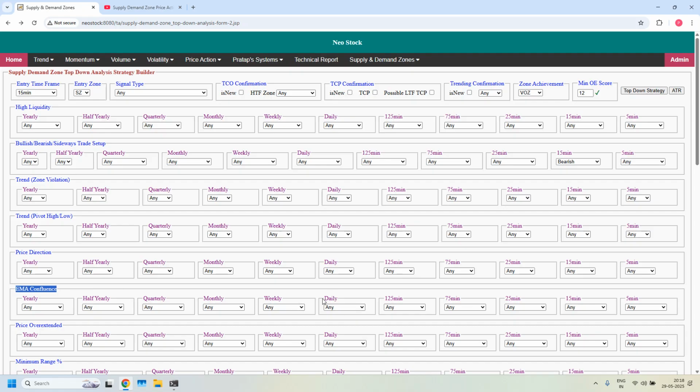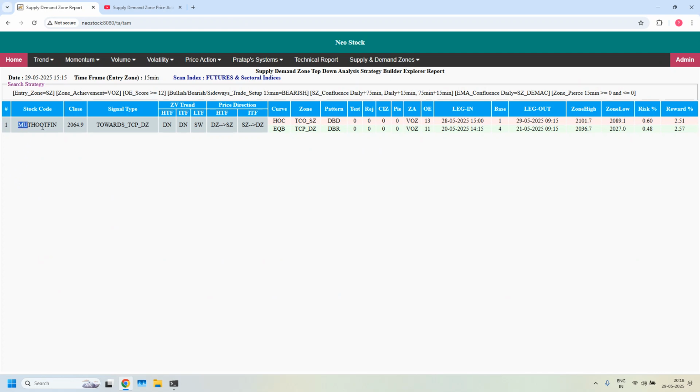We will verify. Anyway, trend is downtrend. Daily supply zone with daily EMA confluence. Now the stock is filtered. That means this 15-minute supply zone has a higher probability to succeed. This is about bearish trade setup for daily income trade.